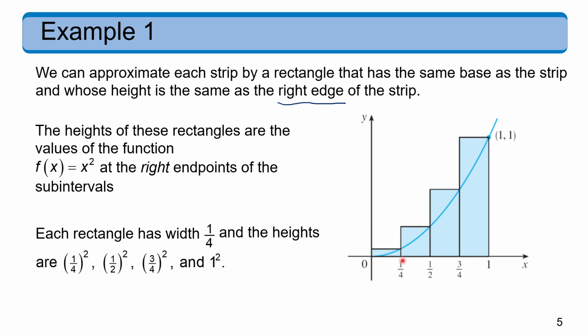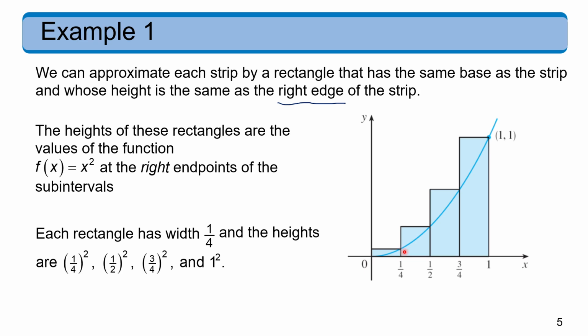Because we used the right endpoint and moved vertically until it hit the curve, just think about plotting a point on this curve. If you were to graph f of x, you would take your x value and plug it into the function, and that would give you the y coordinate, which would be the height of that rectangle.